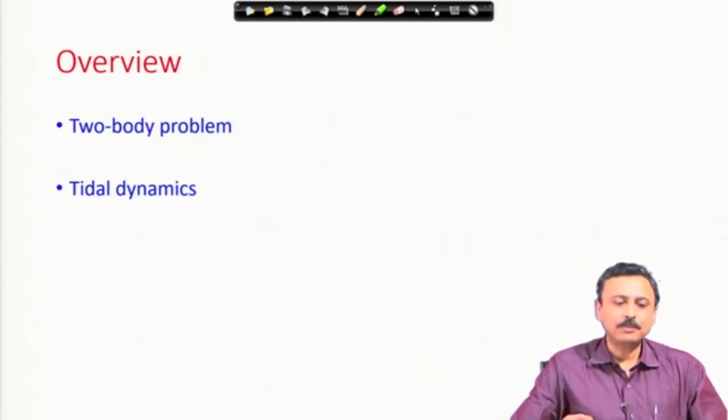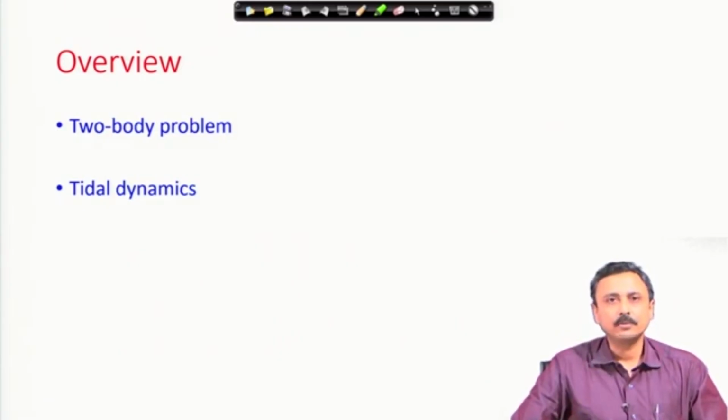But today we will start by discussing this two body problem, that means both the bodies are free to move, with unequal masses, and let us see how the dynamics evolves. Then we are going to look at tidal dynamics, how tides form and why do they form, and some features of tides.